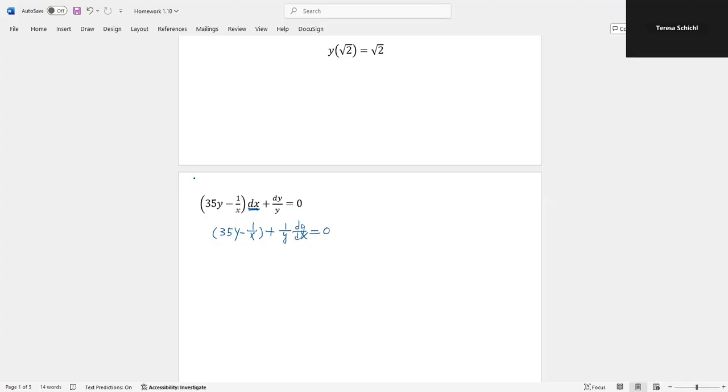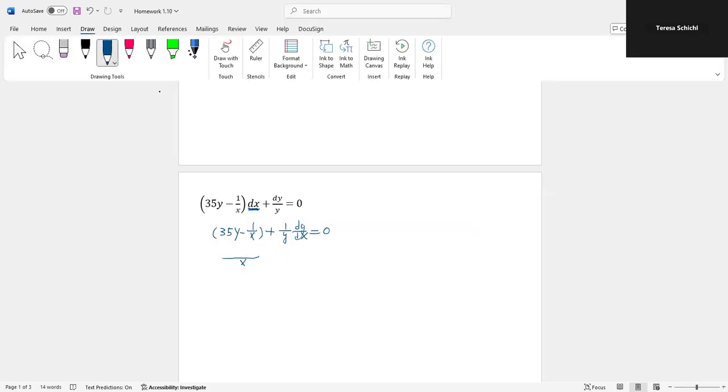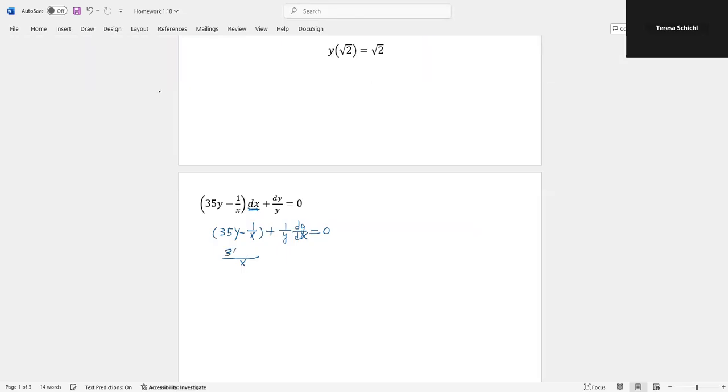Now the next thing is this 35y minus 1 over x here. What I would like to do is combine it, so this will be x as the common denominator. So the first term will be 35y times x over xy. Maybe I'll write it as xy, it is better. So here it will be 35xy minus 1, okay?